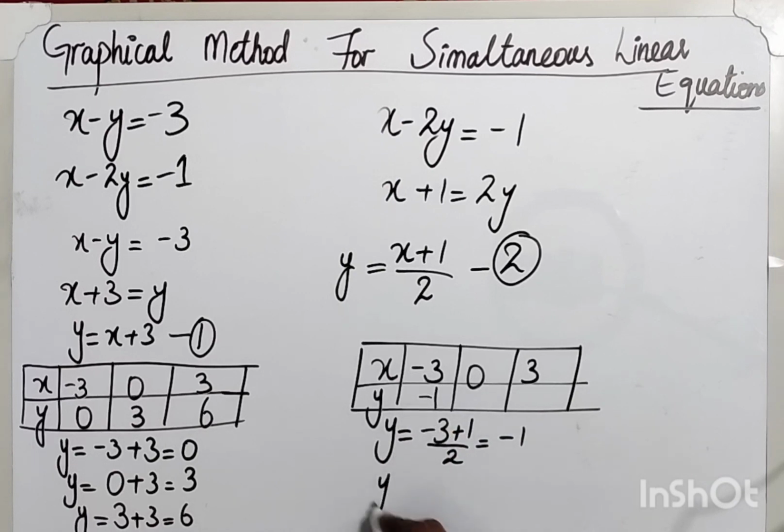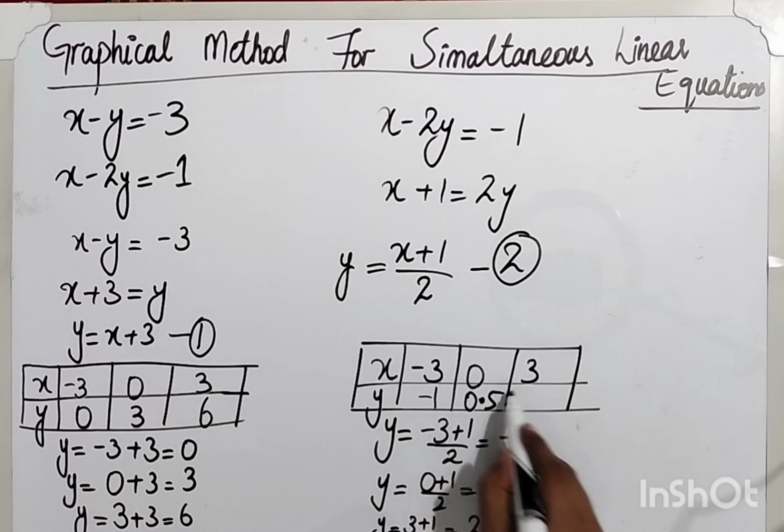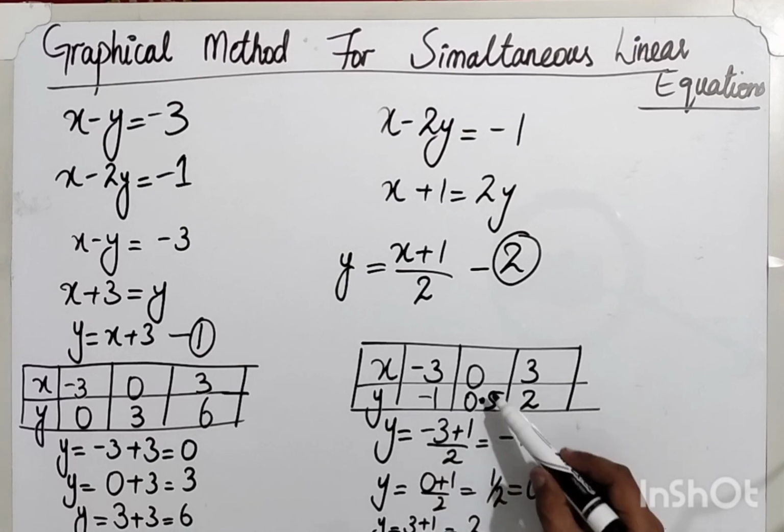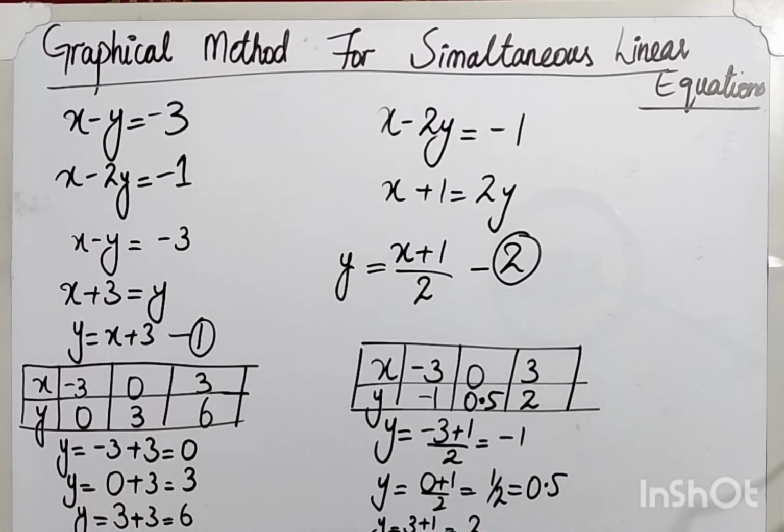The next value is 0, so 0 plus 1 is 1 by 2, or 0.5, and the last value is 3, so 3 plus 1 is 4 by 2, which gives us 2. So the values are minus 1 on minus 3, 0.5 on 0 and 2 on 3.